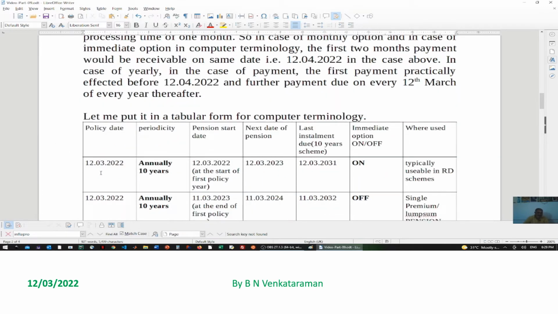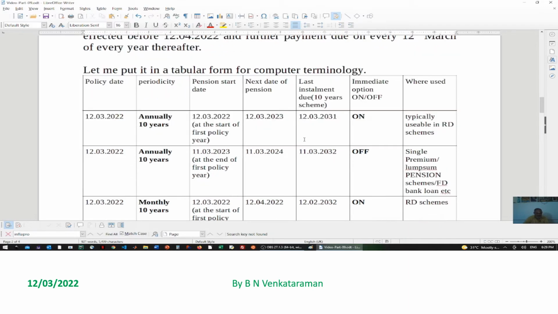Policy date, that is today, and immediate pension on: that means for an annual pension of 10 years, the pension start date is today itself, at the start of the first day of the policy, and the next is due after 1 year, that is on 12th March 2023, and the last installment is due, for a 10-year scheme, on 12th March 2031, typically usable in RD schemes.